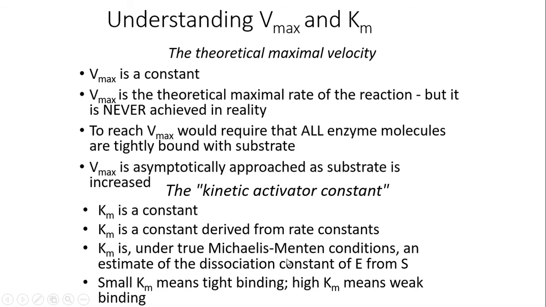Under true Michaelis-Menten conditions, an estimate of the dissociation constant of E from S is also reflected by the Km. And I've already told you a small Km means tight binding or high affinity, and a high or large Km means weak binding or low affinity between that enzyme and substrate.